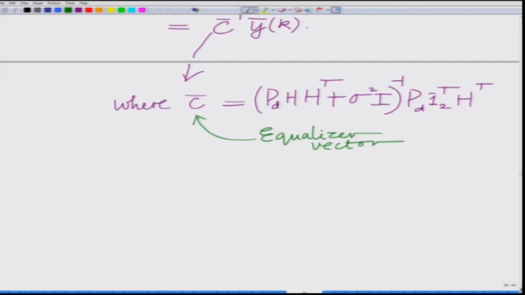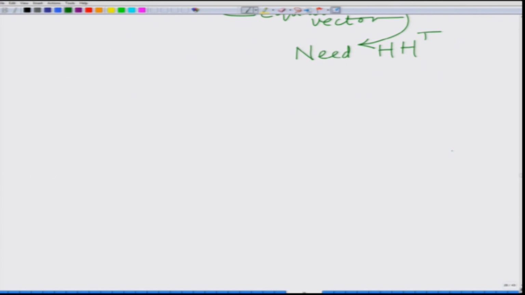So, now the key is to compute this C bar, and to compute this C bar you will see that we will need H transpose. H transpose can be obtained as, now let us write this down.